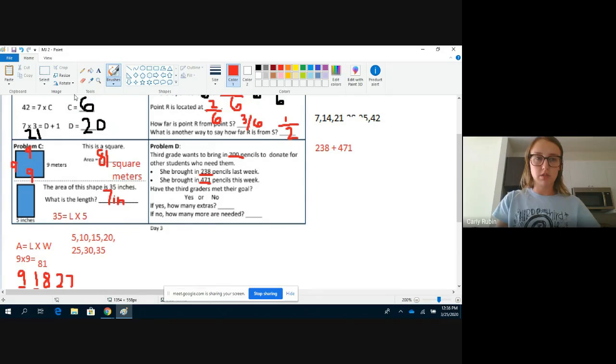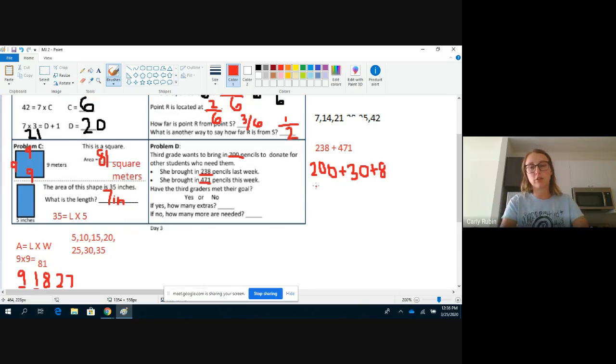I can put it in expanded form. 200 plus 30 plus 8.